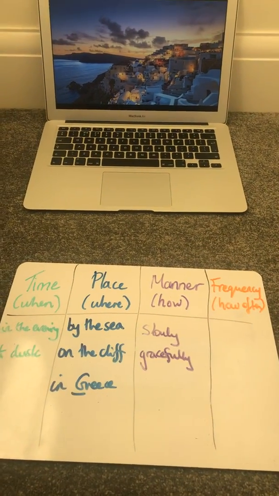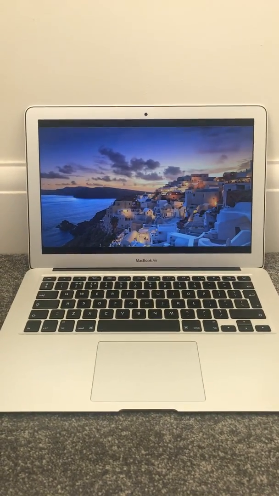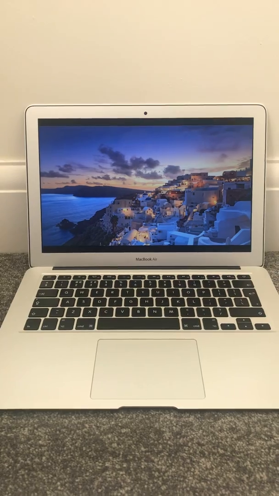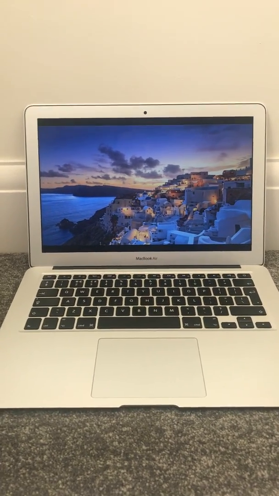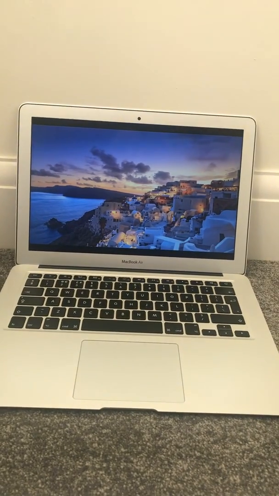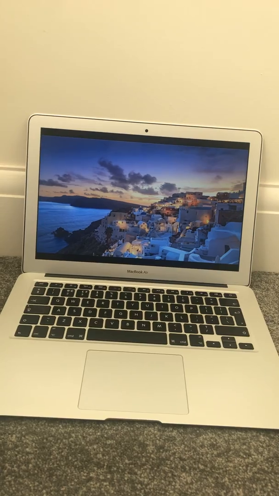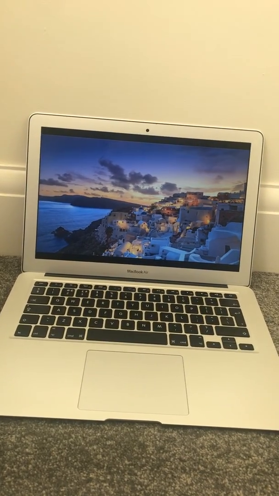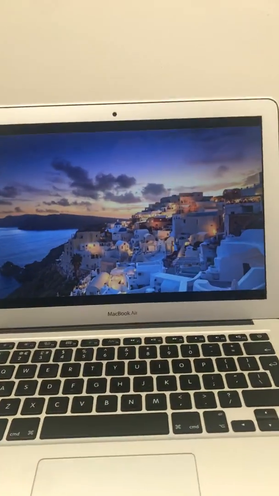Lastly, frequency, how often. So how often are those clouds moving? Let's have a think. Probably, obviously they're moving all the time, aren't they? But in terms of how often they pass over your head, definitely every few minutes if it was a cloudy day, but it does look quite clear in the background.